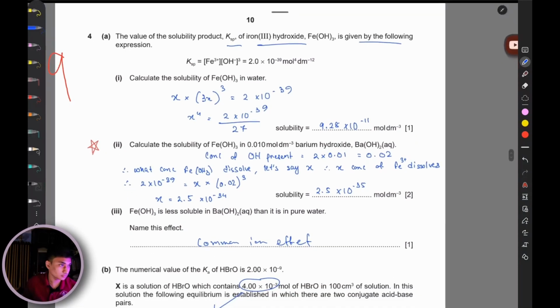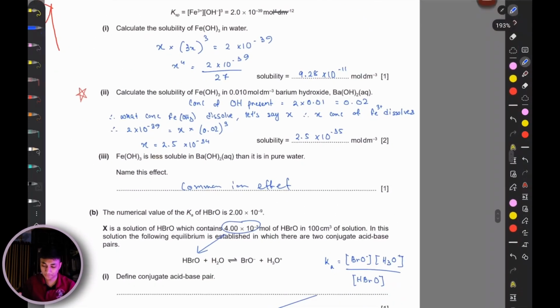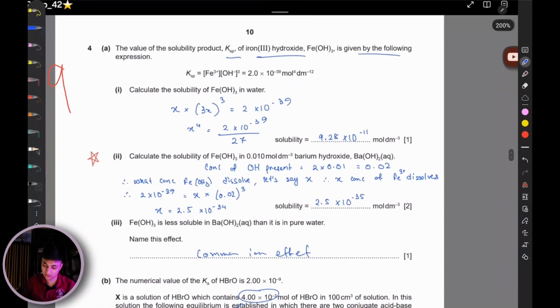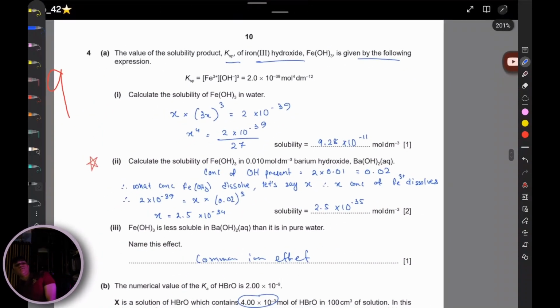Fair enough. Okay, so now part 2, they're telling you to calculate the solubility of iron hydroxide in 0.01 mole per dm cube of barium hydroxide.